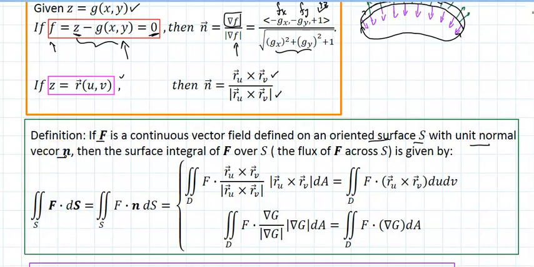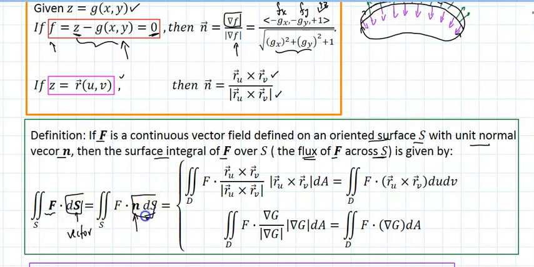Then the surface integral of f, which is the flux of f across this S, is given by, there's f, this is a vector that's oriented. And to take care of orientation, we say that is f dot n dS.